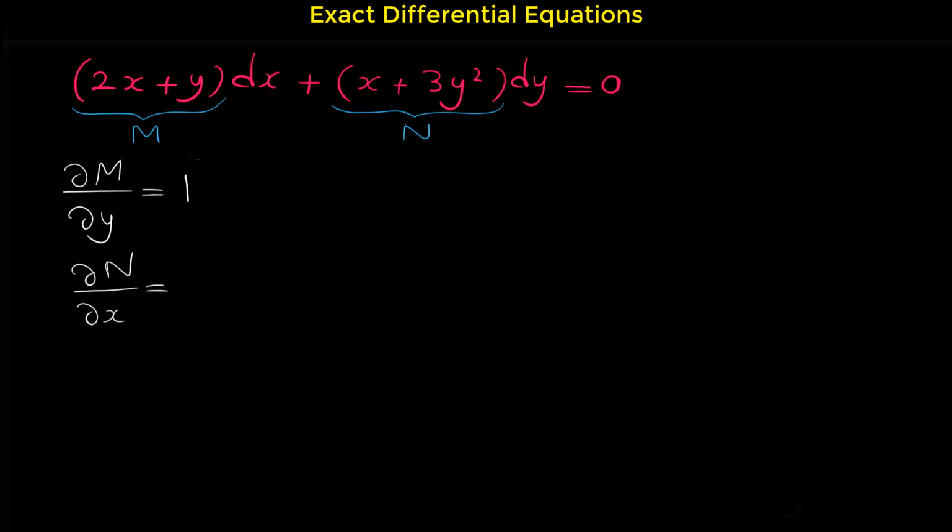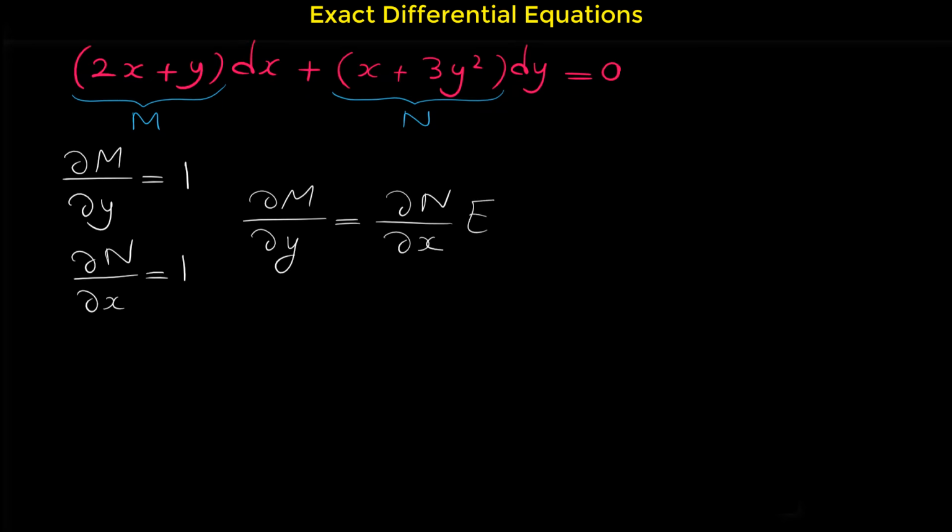The partial derivative of N with respect to x is also 1, because derivative of x is 1 and derivative of 3y squared with respect to x is 0. And because the partial derivative of M with respect to y equals the partial derivative of N with respect to x, the differential equation is an exact differential equation.